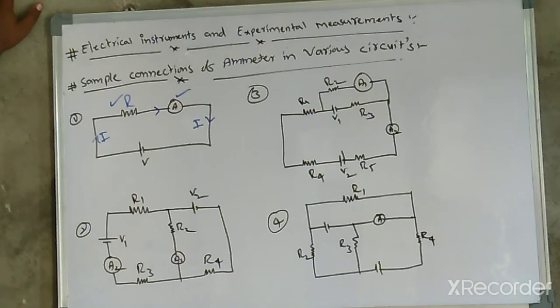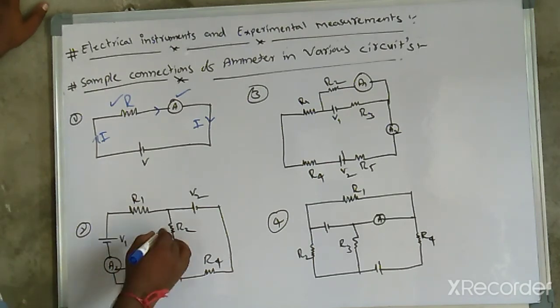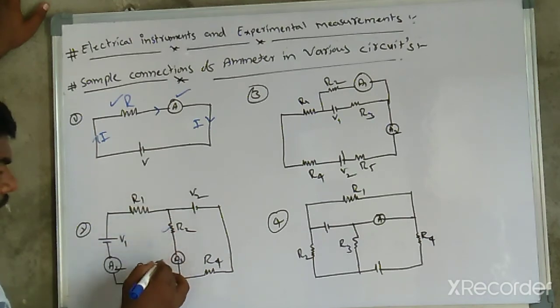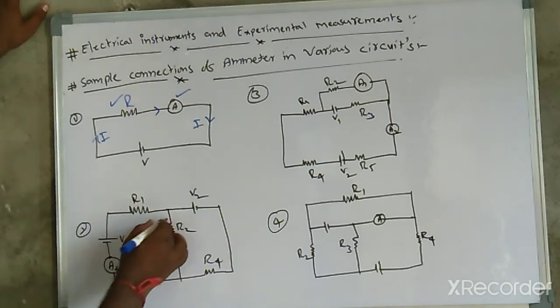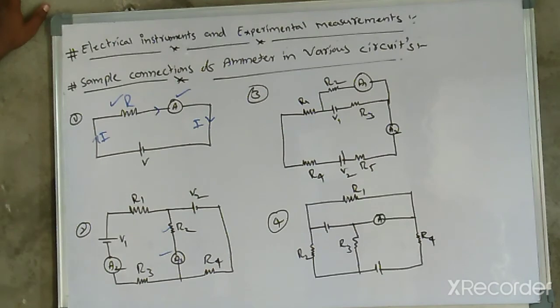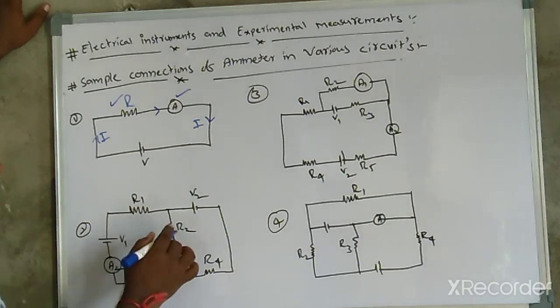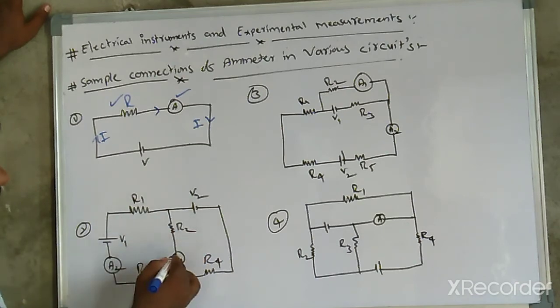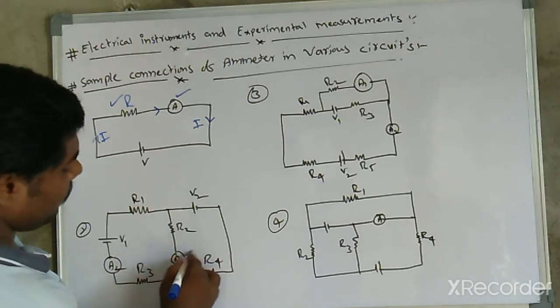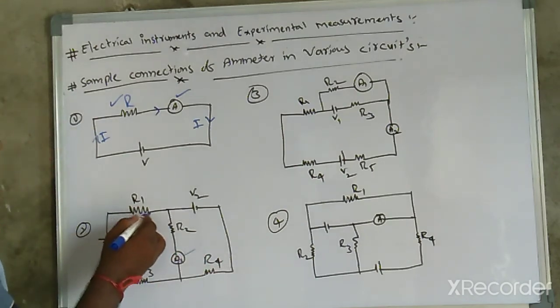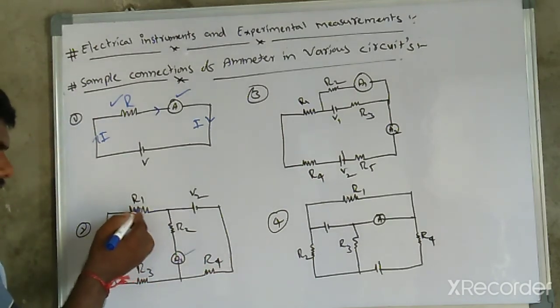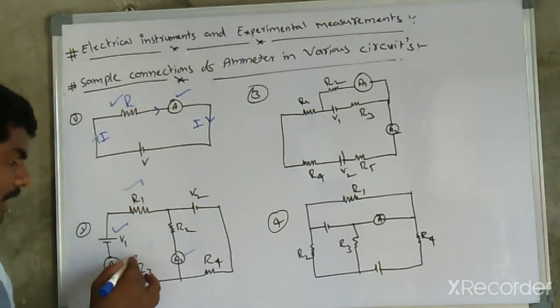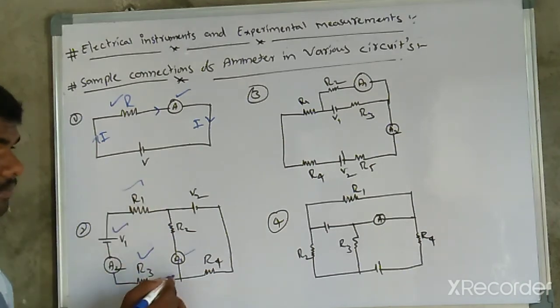Whenever this ammeter is connected, the current flowing here is the same in R2 and the ammeter. These two are in series combination only.